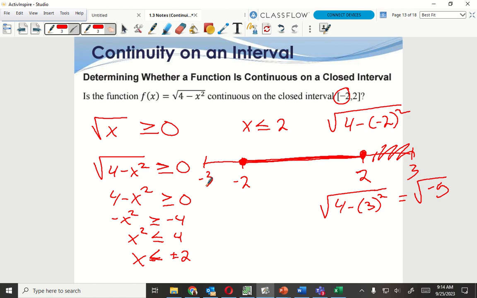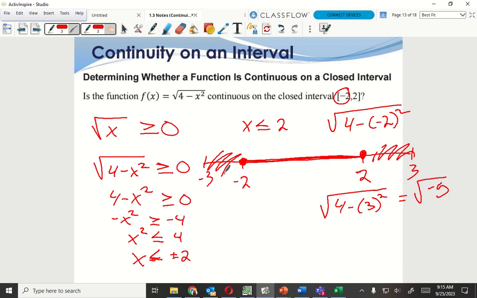Hopefully. Negative 3, if I do negative 3, I'm going to get the same thing because the negative, when I square it, is going to become positive. And so that means, again, none of this exists. So that means that it is continuous over this interval.